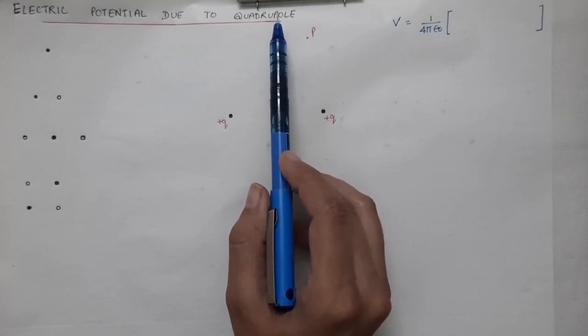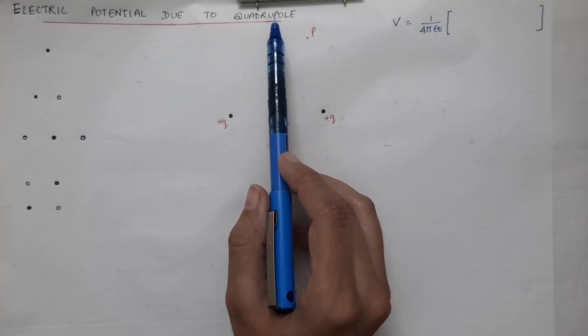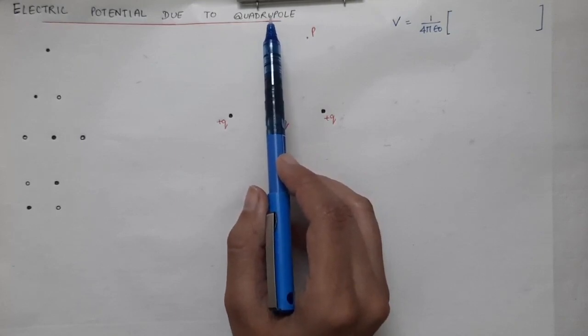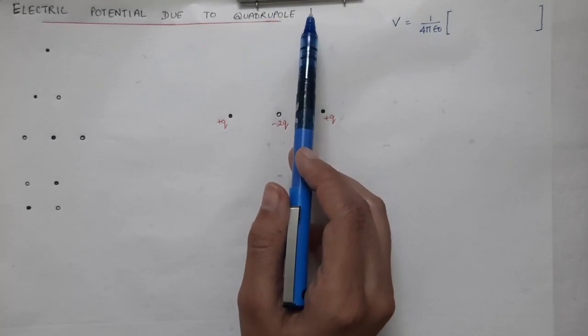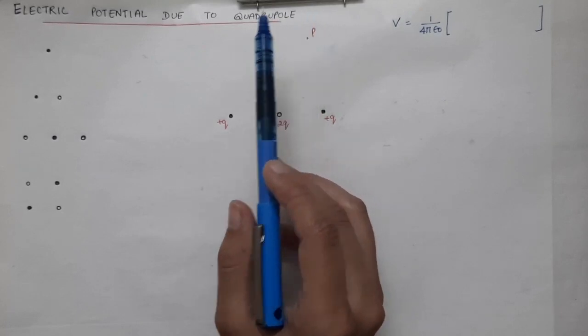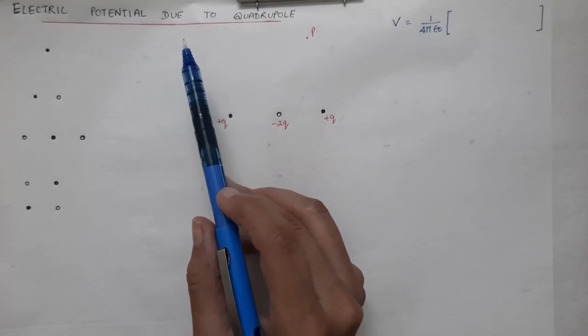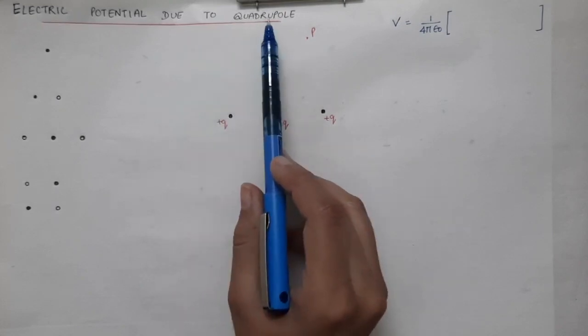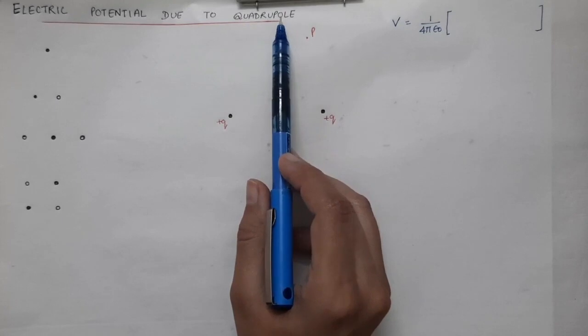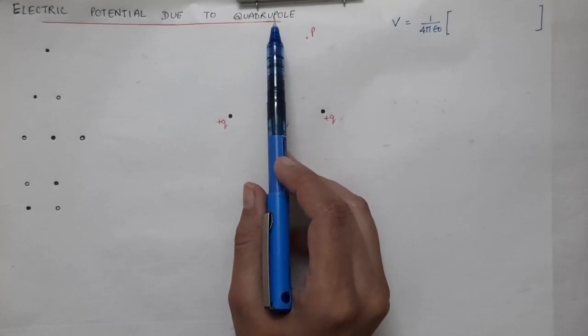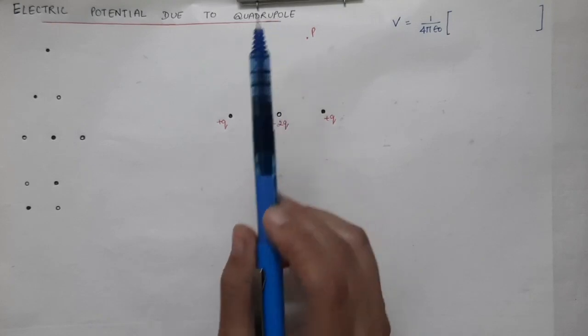So in total we will have 4 charges, and the summation of all the charges will be equal to 0. As in the case of dipole, the summation of all the charges is equal to 0 because we have equal and opposite charges. And in the case of quadrupole also, we will have 4 charges, and the summation of the charges will be equal to 0.